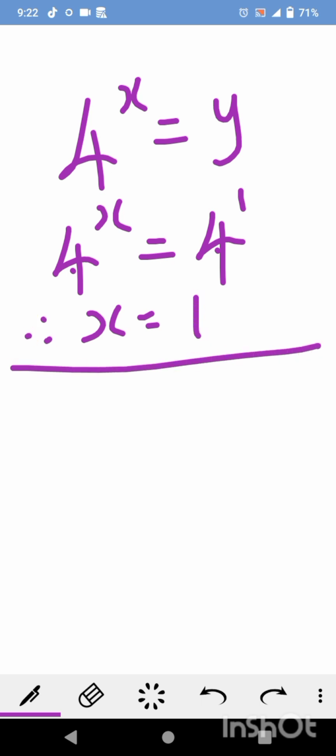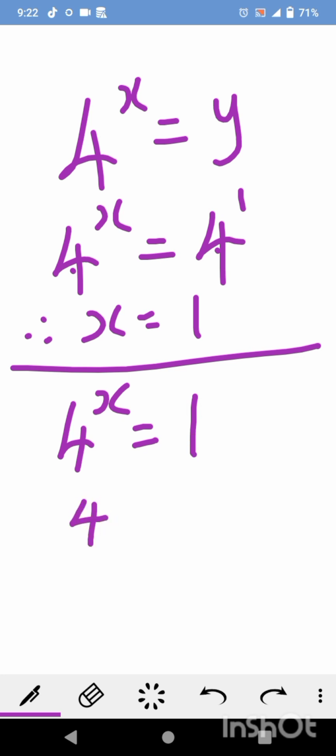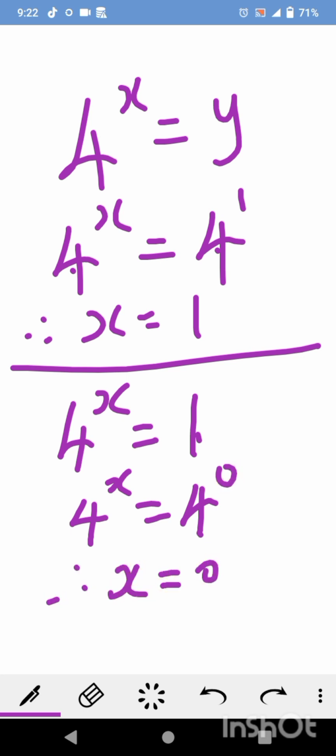The second value of x is for 4 raised to power x equals to 1. 1 can be written as 4 raised to power 0. Using law of same base, it tells us that our x will be equal to 0. So these are the two possible values of x. x will be equal to 1 or 0. Okay, these are the possible values that will satisfy that equation or make the equation true.